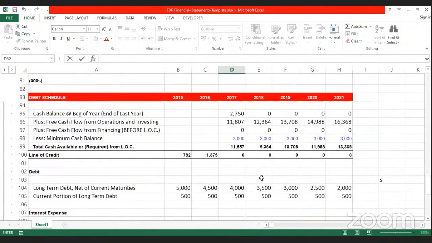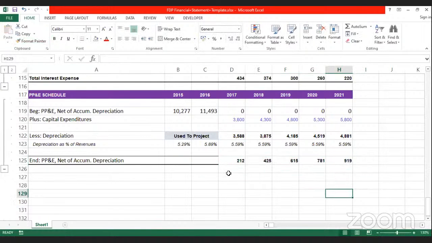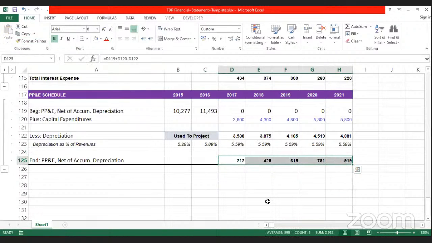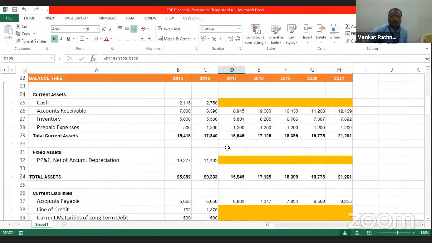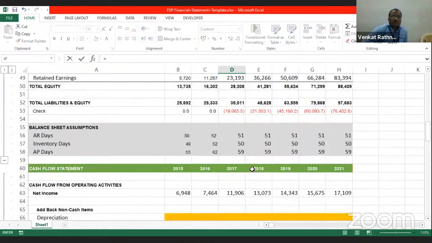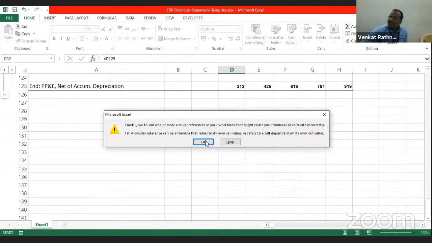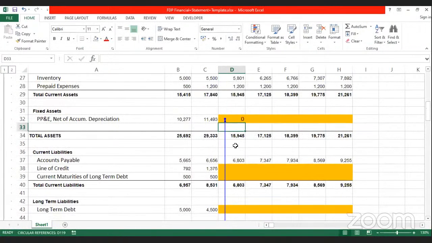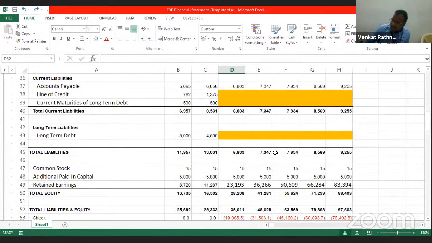Okay. Let's go to balance sheet and enter this particular amount. The amount is not linking. Just a second. Is equal to. Some error is coming.